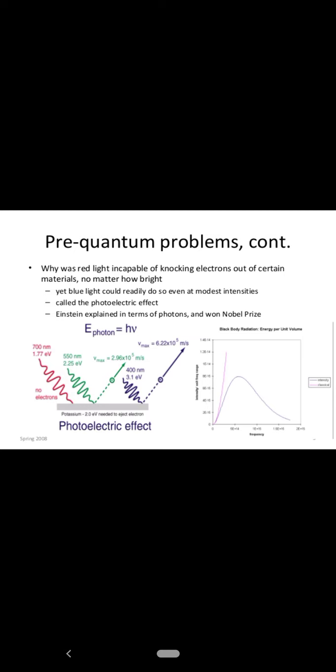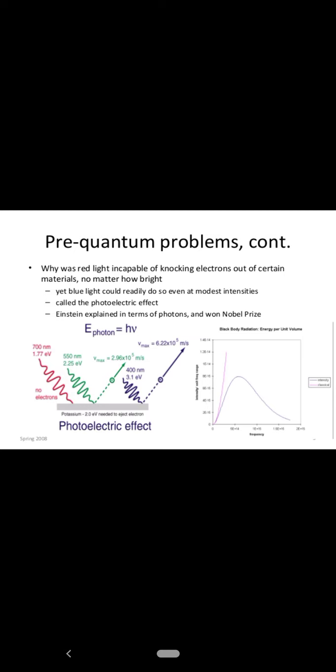Why did the study of quantum mechanics arise? The problem was: why was red light incapable of knocking electrons out of certain materials, no matter how bright? As we know, in the photoelectric effect, when light is incident on the surface of a material, electrons are emitted from the material.